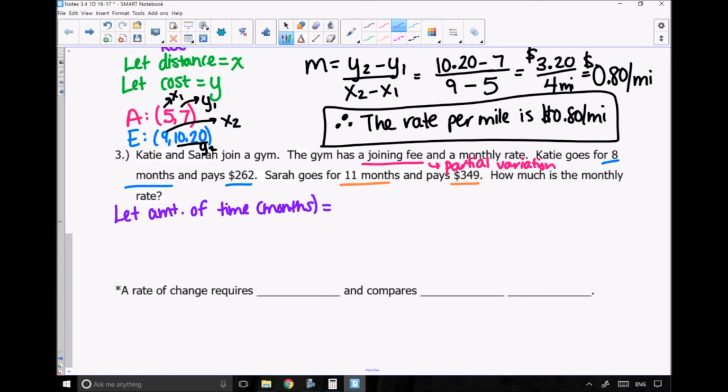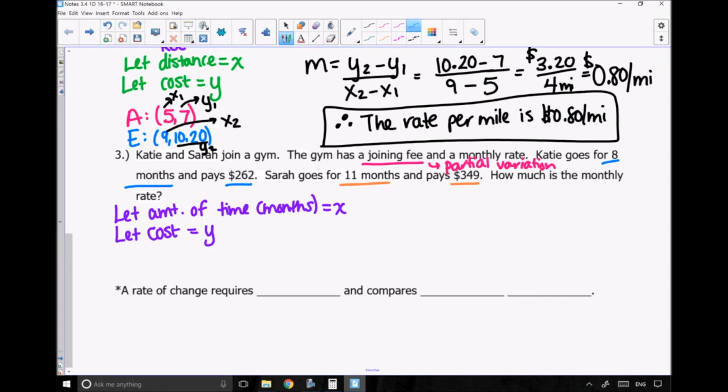I also have $262 and $349. So we're going to say let the cost equal, and that's my second variable. Now we know the cost depends on how long you go to the gym for. So our cost is dependent, so cost is y. And we know the amount of time that you go to the gym for is going to be independent, so that's x.